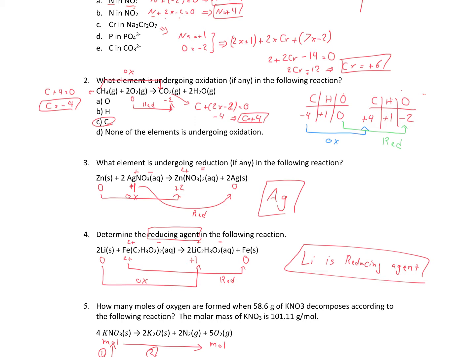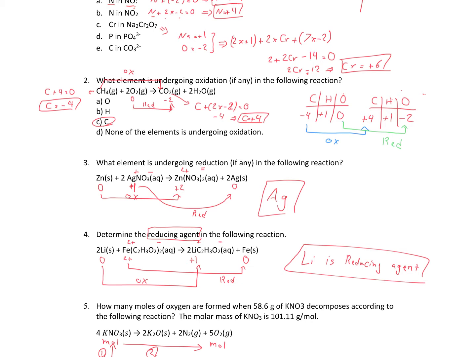On the product side, carbon is in CO2, so oxygen is -2, and we have 2 of them, so C plus 2 times -2, which is -4, equals 0. That makes the oxidation state of carbon in CO2 +4. So we are going from -4 to +4, an increase in oxidation state, and an increase means oxidation. So what is oxidized? Carbon is oxidized. So the answer is C.